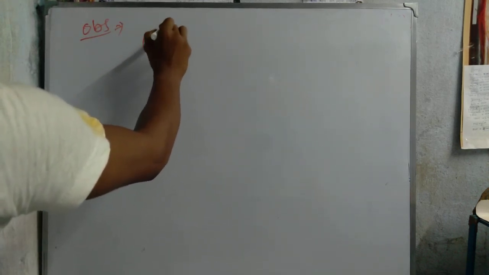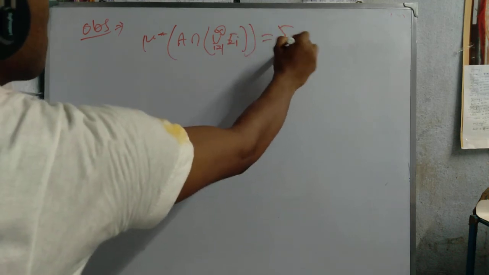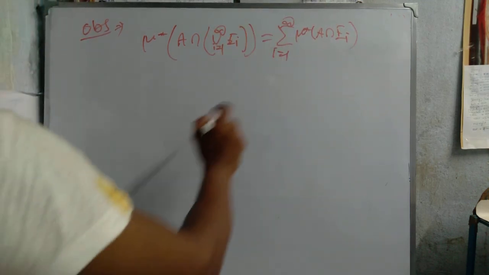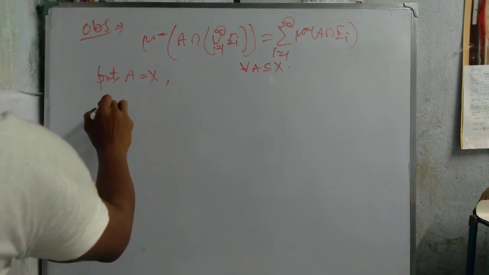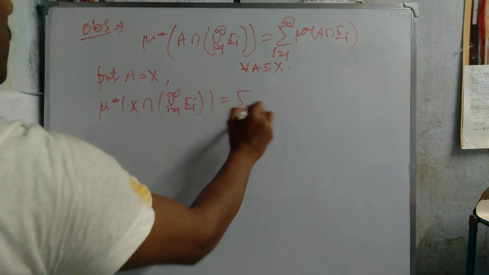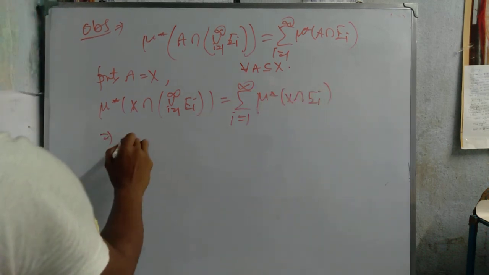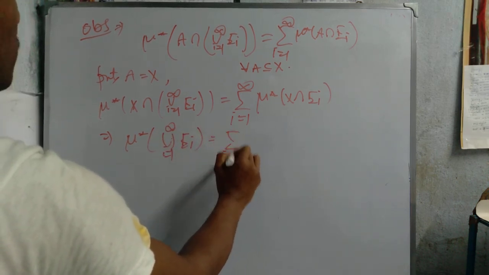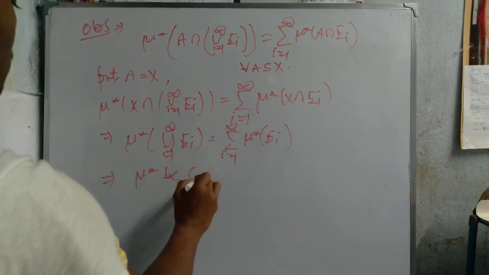First, A intersection union of i equal to 1 to infinity E_i equals the summation i equal to 1 to infinity of mu star of A intersection E_i, for all A subset of X. Put A equal to X. Then we get mu star of X intersection union of E_i equals the summation of mu star of X intersection E_i. Then we write mu star of union of i equal to 1 to infinity E_i equals the summation i equal to 1 to infinity of mu star of E_i. Then we write here mu star is countably additive.